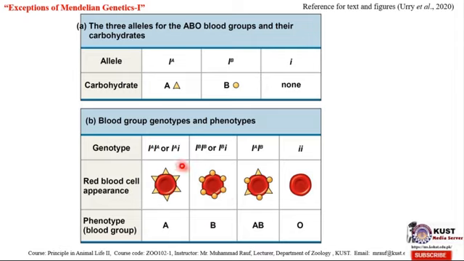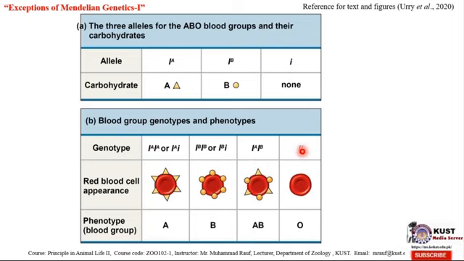So you can see here this person's blood group is A, where both the alleles are A, or one of the alleles is A. Here the person's blood group is B, where it is homozygous. It is heterozygous, but still the blood group is B. Now here both A and B alleles are present, so the person's blood group is AB.